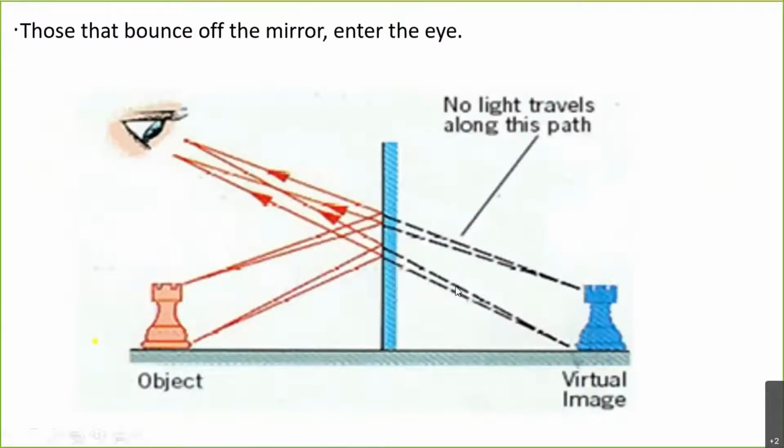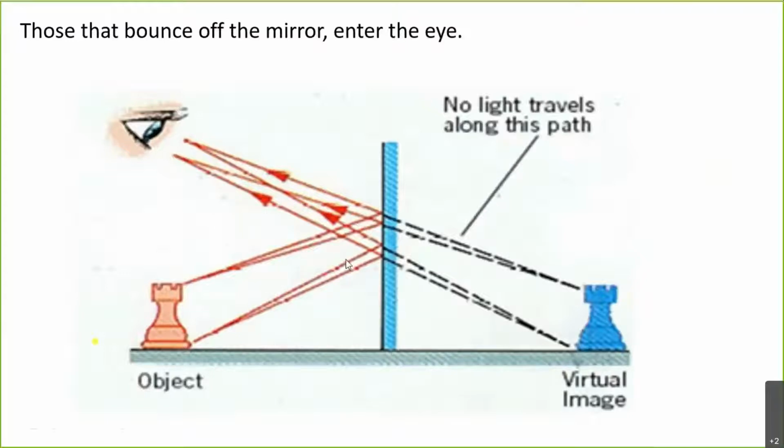For any given object, there are an infinite number of rays that bounce off of an object and enter our eye in order to make up the picture that we're going to see. In this example, we're only showing a few of those rays just for simplicity.